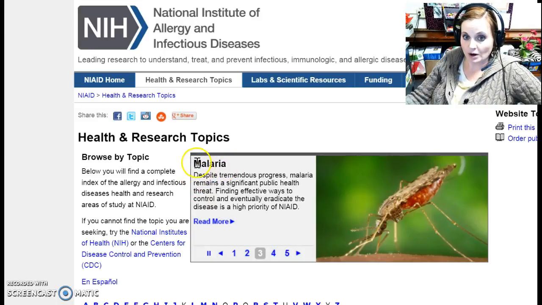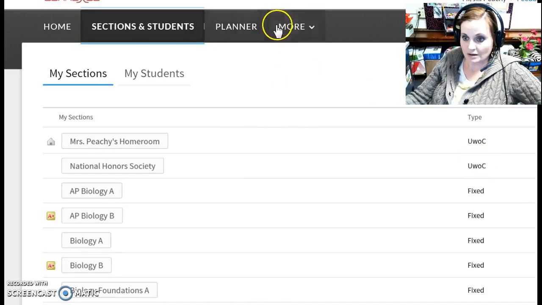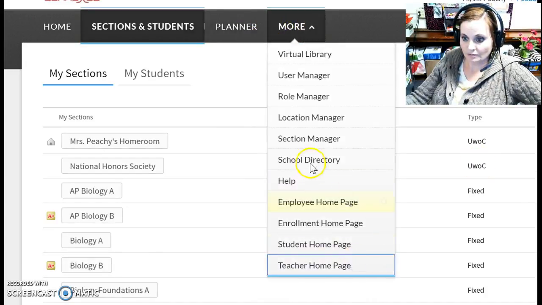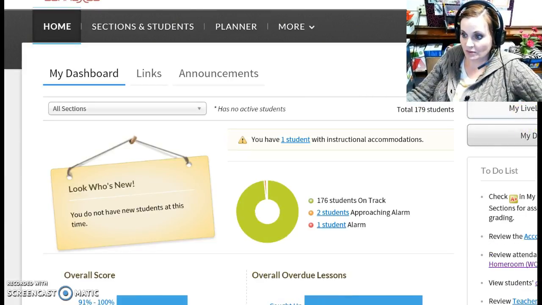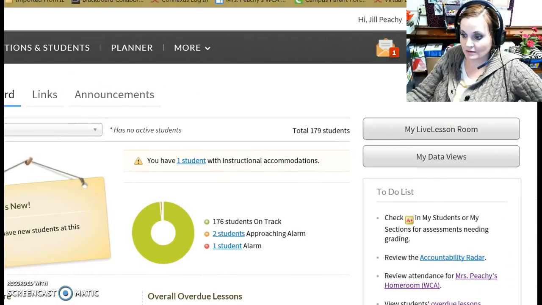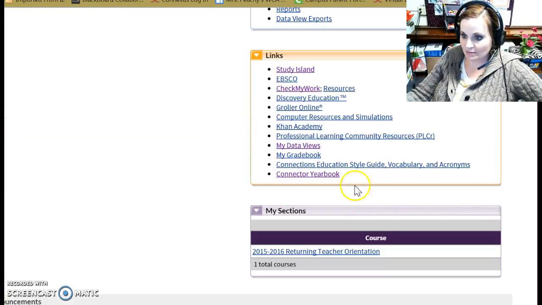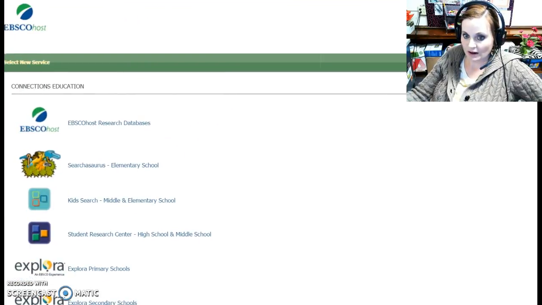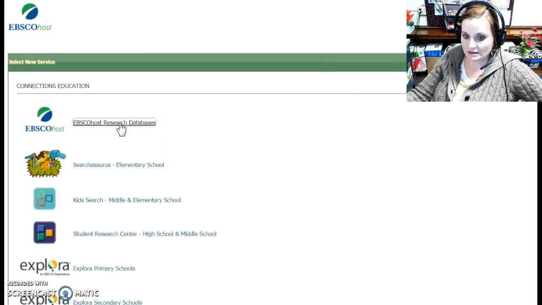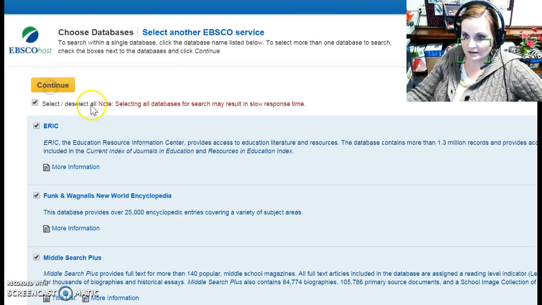Using your EBSCOhost to search for information works really well. I'm just going to put that on here real quick. Mine is sometimes tricky to find. Here we go. Go to EBSCO and then go to databases, and I would just go ahead and select all.